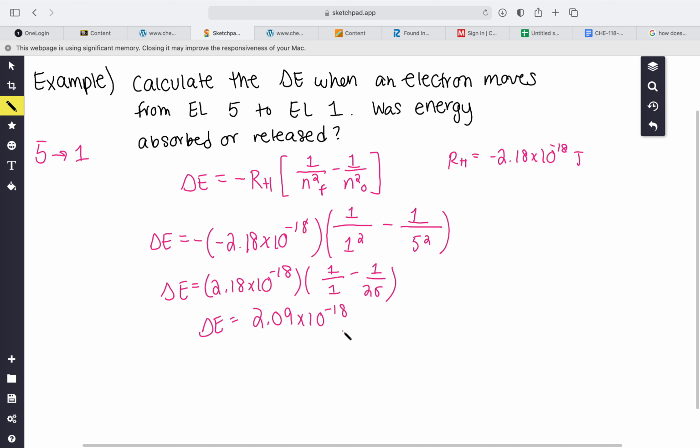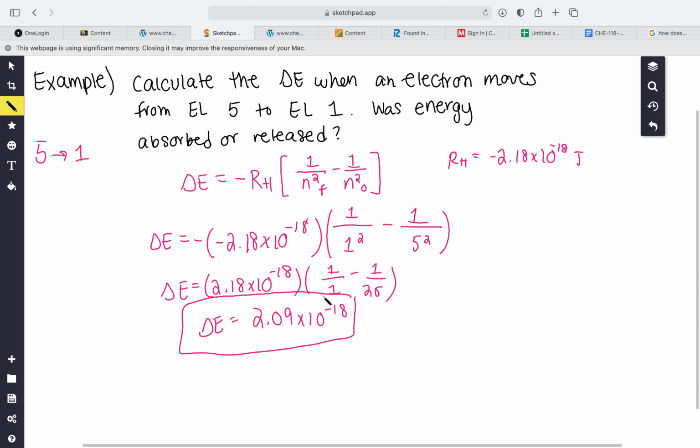Let's see if I can do this out actually. 2.18 times 10 to the negative 18? No, that just doesn't work. So I'm going to hope that's the right answer. If not, you have the calculation there, and feel free to do it on your own.